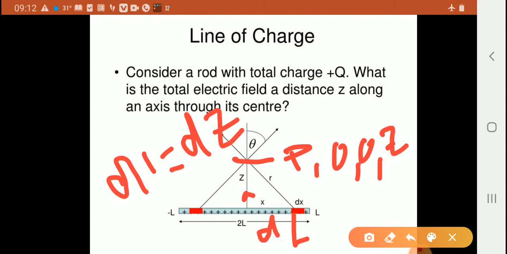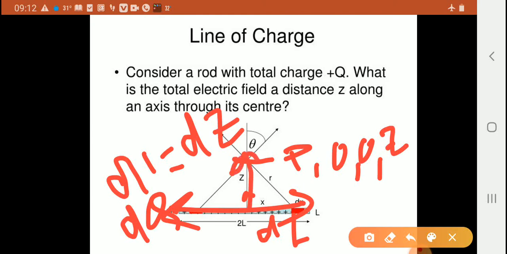This small segment of line charge represents a point charge dq. Since this infinite line charge is uniformly distributed along the z axis, the coordinates of dq are 0, 0, z.